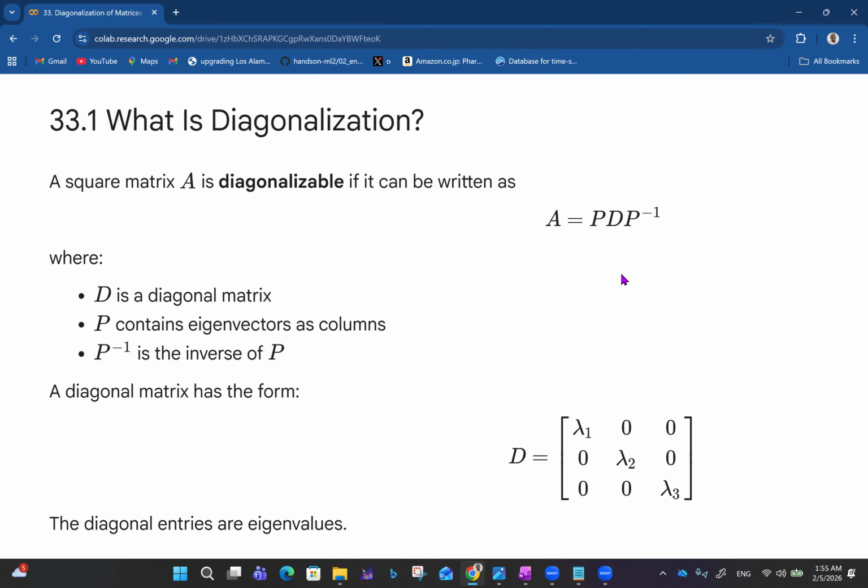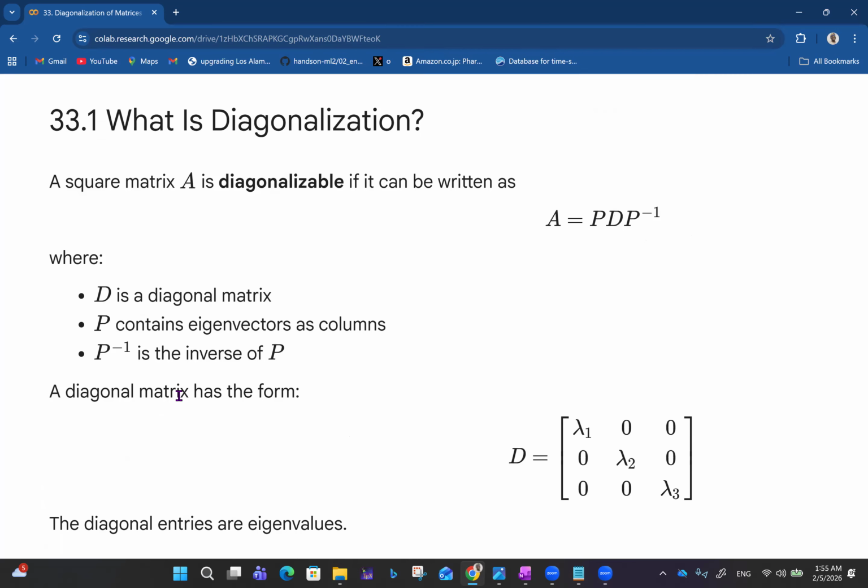So, a square matrix A is diagonalized if it can be written as this. P contains eigenvectors as columns, and P inverse is the inverse of P. So, if you can write any matrix A as PDP inverse, where D is a diagonal matrix and P has eigenvectors as its columns, and P inverse is the inverse of that P, then you have that.